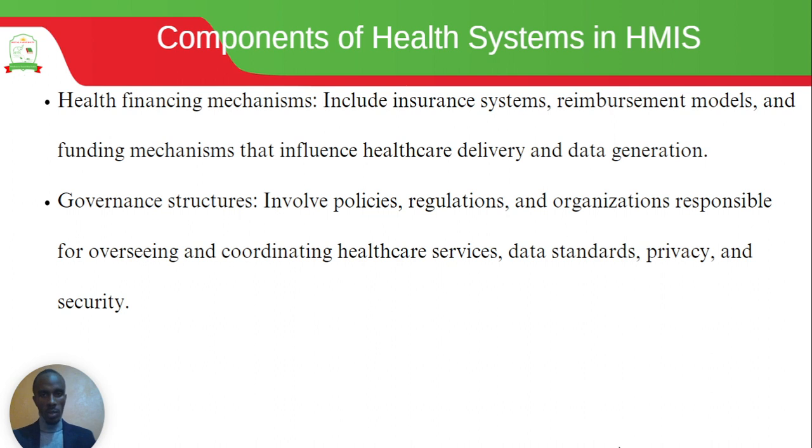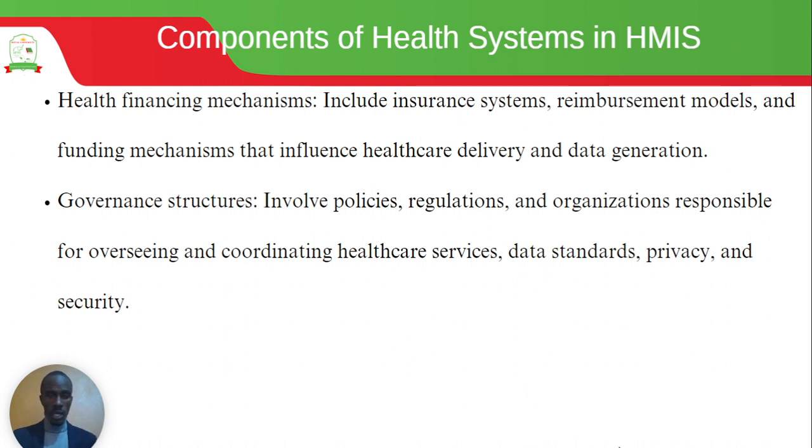The other components include the financing mechanisms, which enable the smooth running of these health information management systems. Then governance structures that will put in place policies and regulations, which are responsible for overseeing and coordination of these healthcare services.